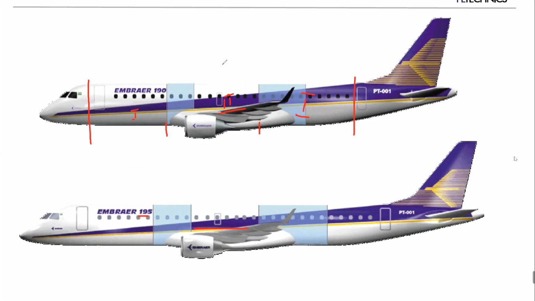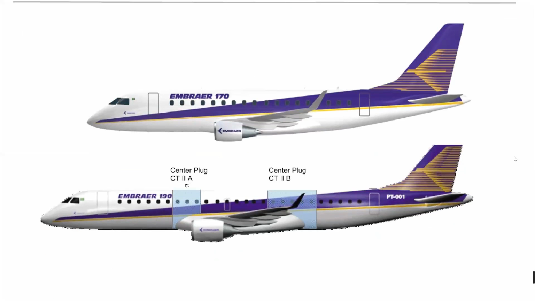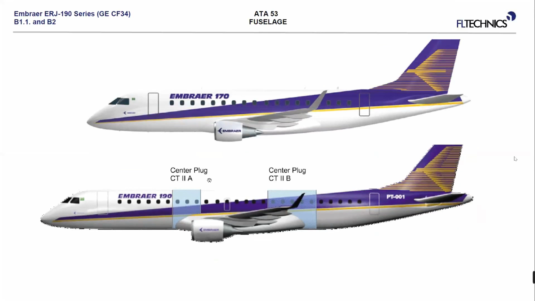And as I told you, when we are talking about center fuselage for the Embraer 195, the center fuselage 2 is divided in 3 additional plugs. Okay, have a look. A and B. It is here.